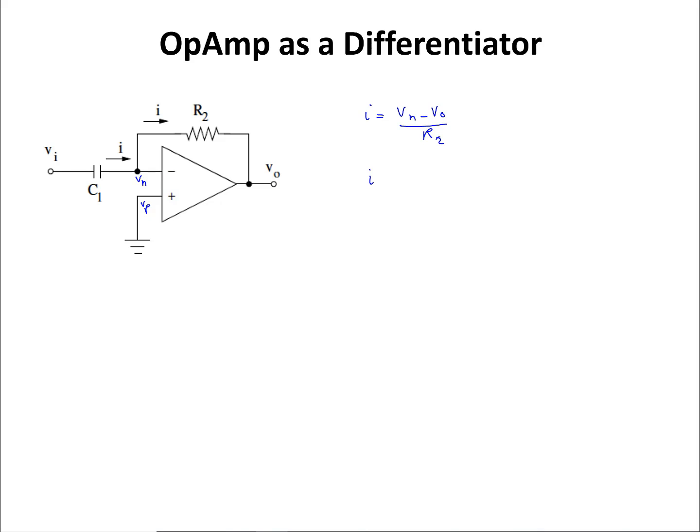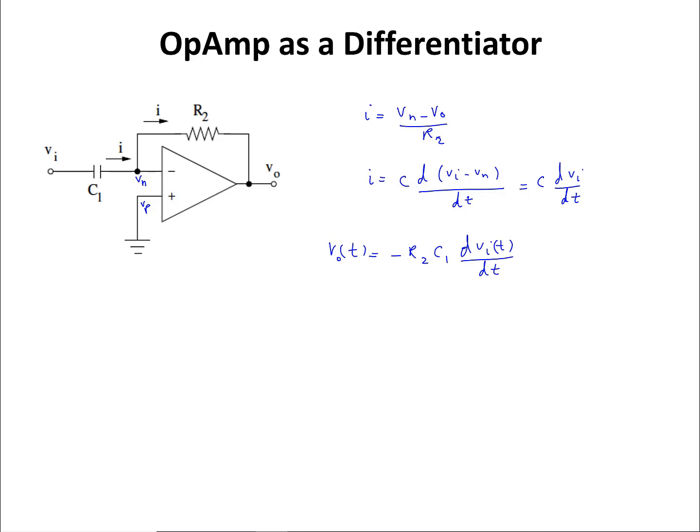Also, the same current flows through the capacitor, so I is going to be equal to C d(Vi minus Vn) over dt, and that is equal to C dVi over dt because Vn equals Vp, and that's equal to 0. From there I have Vout of t equals negative R2 C1 dVi over dt.